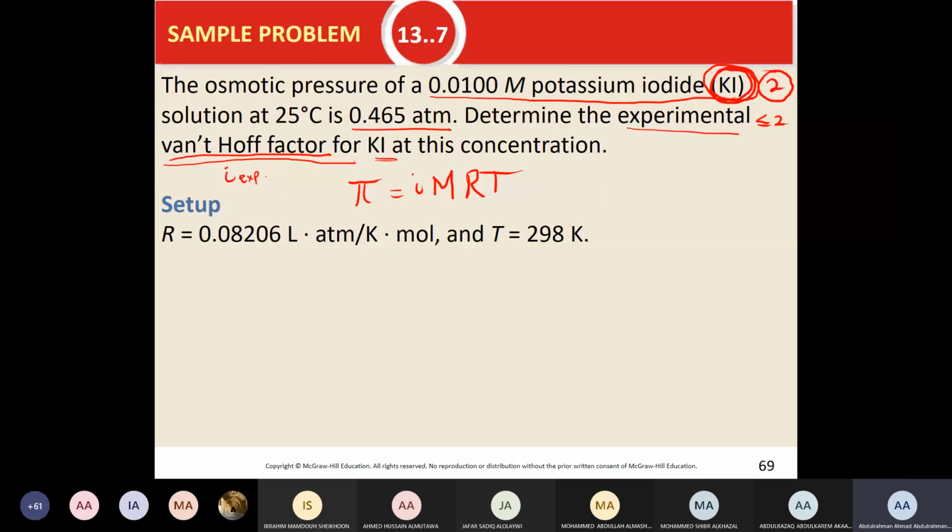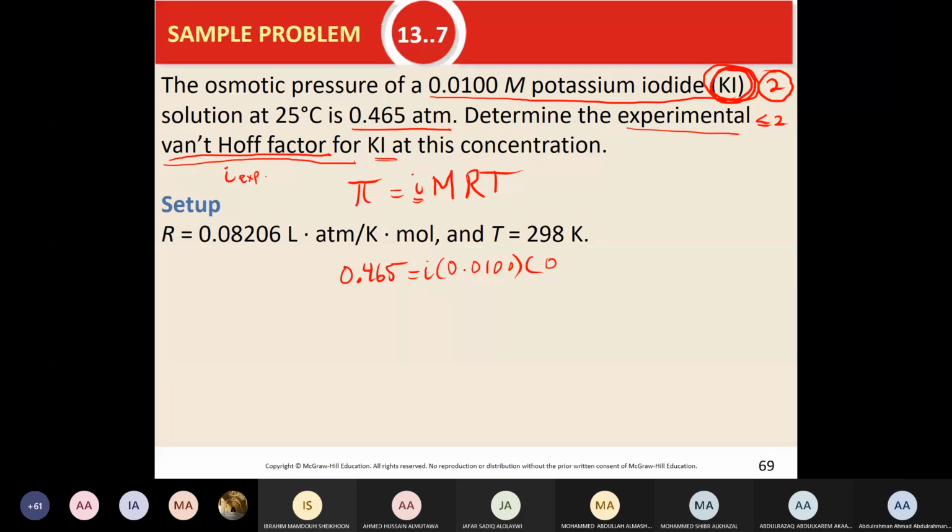Let's solve the problem now. So I'm going to calculate i. What should I put under this one? What's pi in this case? 0.465, equal to i, which I don't know, times what? 0.0100 molarity, times what?